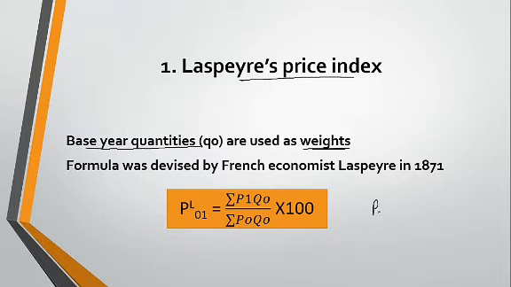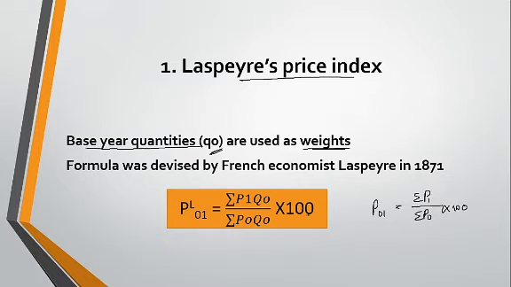P01 is equal to summation P1 divided by summation P0 into 100. For this, you are assigning the quantity of the base year as weight, so you just multiply Q0 for both the base and the current year price. So what will be the formula for Laspeyres price index? It is summation P1 Q0 divided by summation P0 Q0 into 100.